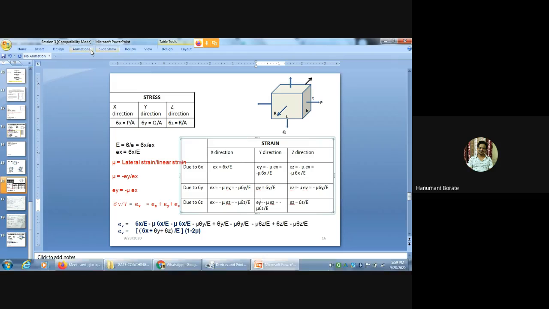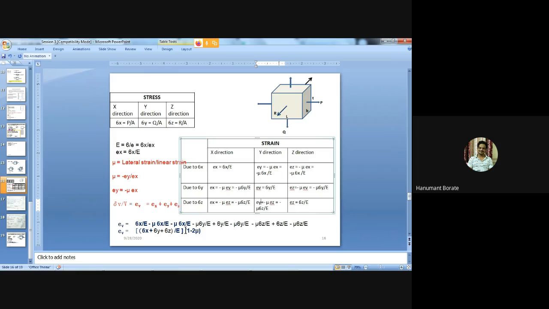Now here, if stress is given or force is applied in two directions, let the force acting in the x direction be P and in the y direction be Q, and if stress or force is absent in the third direction, that is the z direction, then directly we can put sigma z equal to 0. We'll get the equation for biaxial loading.